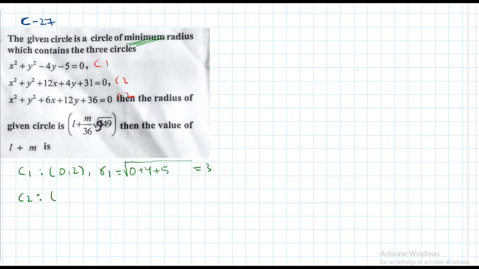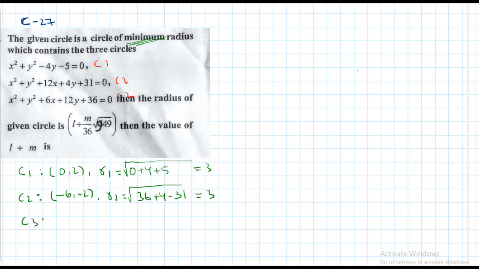C2 center is minus 6, minus 2, and radius R2 I can call root of 36 plus 4 minus 31.